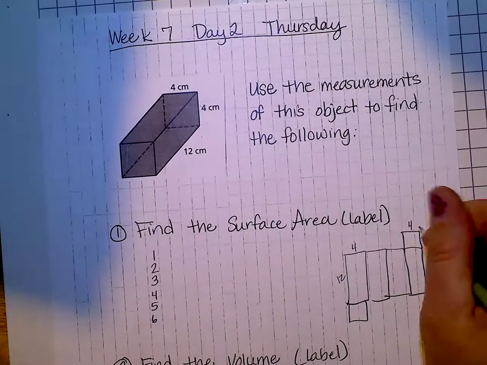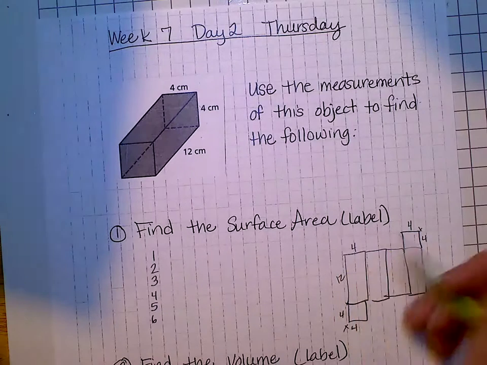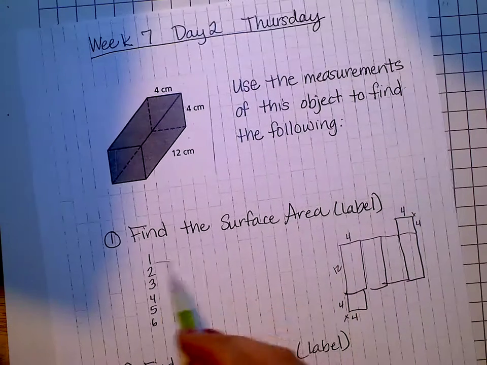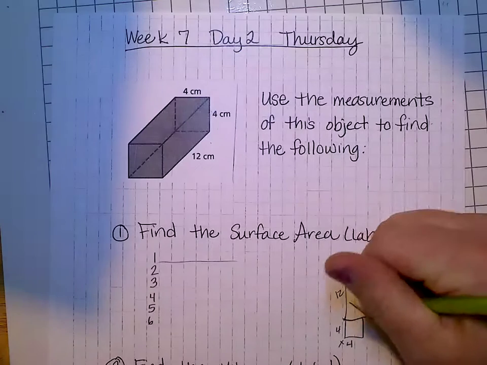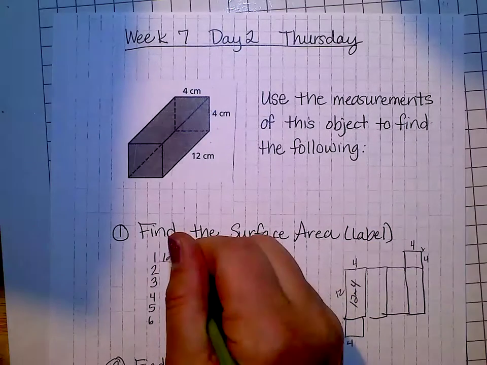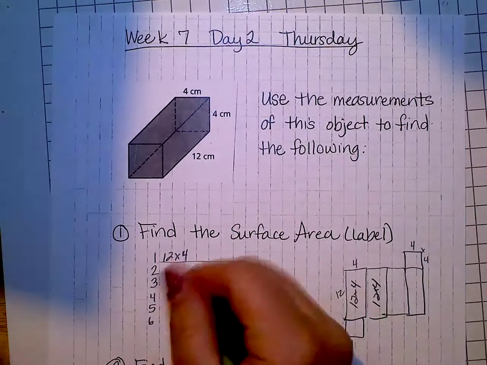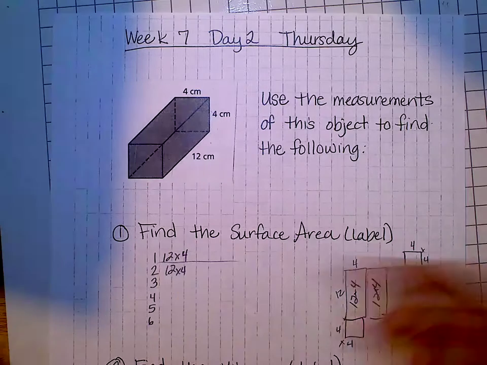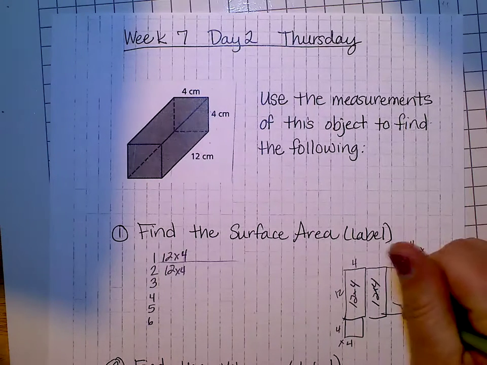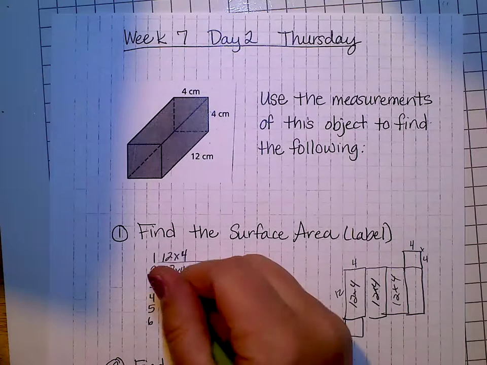This is a 4 by 4. So if we were going to find the area, this is a 12 by 4. So we'll put 12 by 4. And we have another 12 by 4, another 12 by 4, and another 12 by 4.